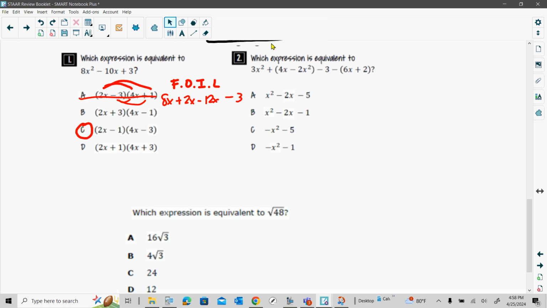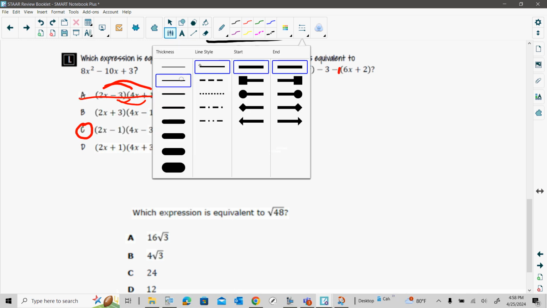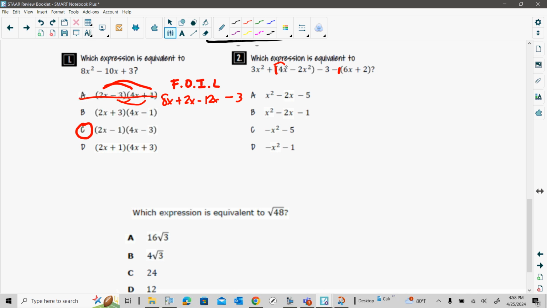Here, to simplify this expression, you got to hopefully see this invisible 1 here in front of the parentheses that we're going to distribute. So this becomes, I'm trying to think, 3x squared, then plus 4x minus 2x squared minus 3, but now I'm distributing this negative 1.